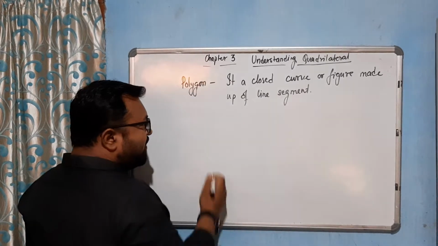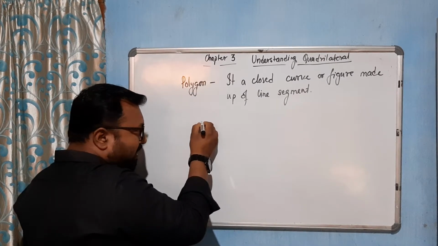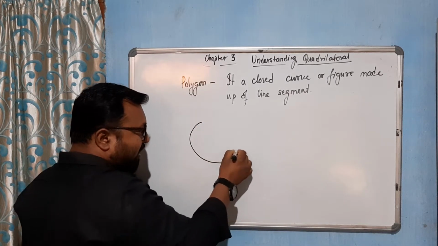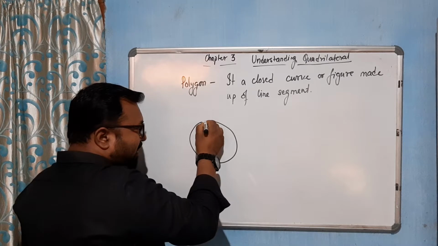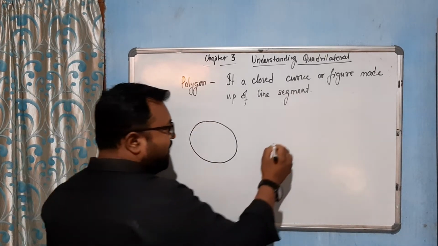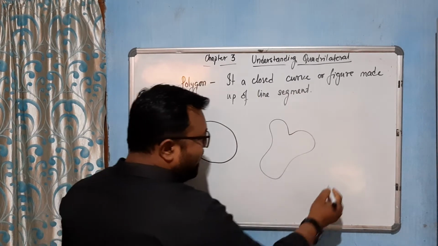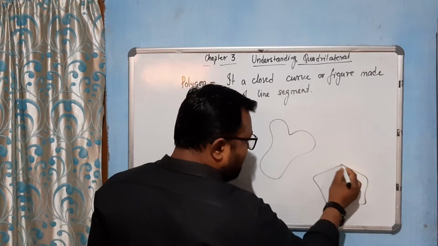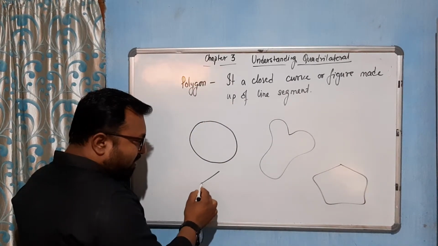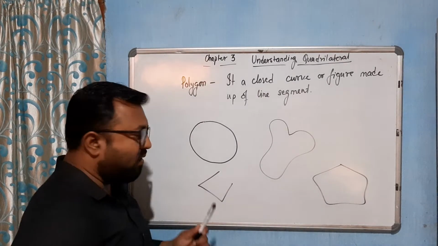Closed figure means suppose you put a pencil on a board or a plain paper and start to draw any figure, and without lifting your hand you end at the starting point, then it is a closed figure. Like this is a closed figure. Okay, but if you keep this open, this is not a closed one, this is an open figure.